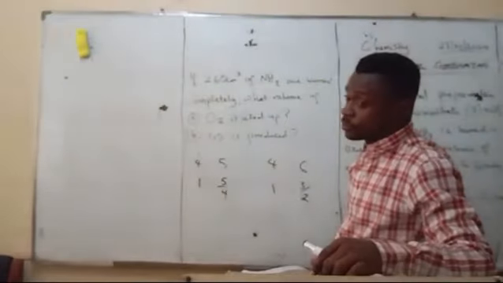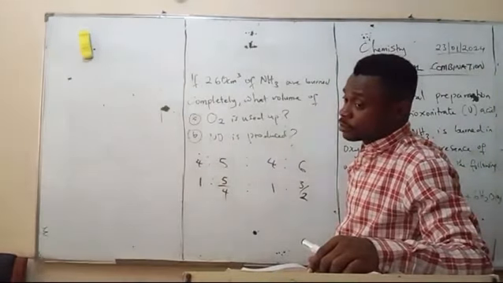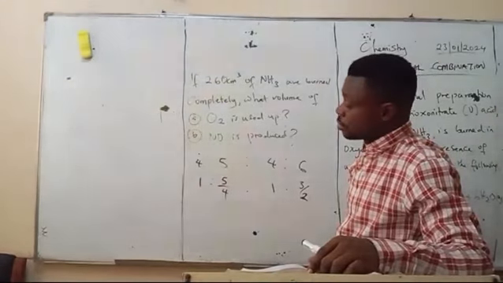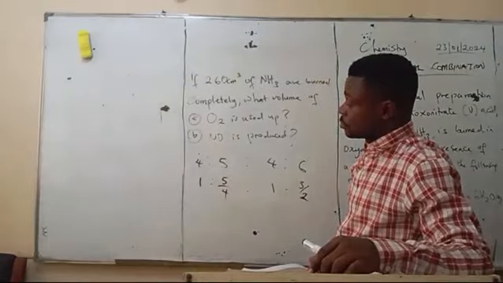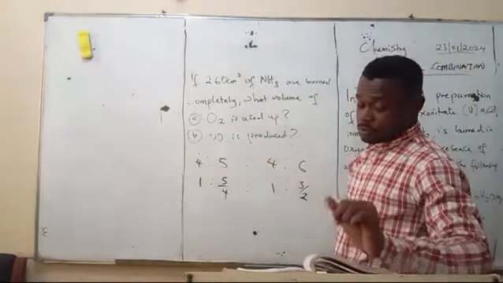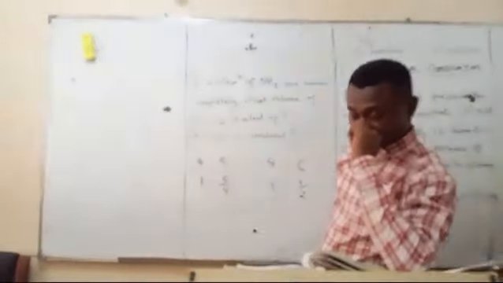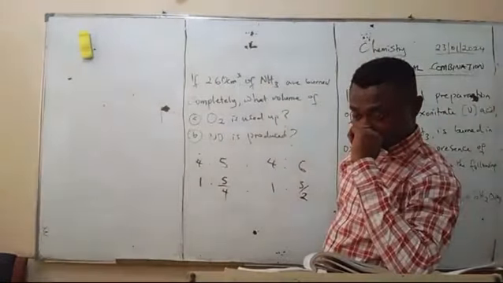Then we now have 5 over 4 of oxygen. We now look for the volume that is used up, because they gave us the volume of ammonia that is burned completely. So we are now looking for the volume of oxygen. So we now cross multiply.